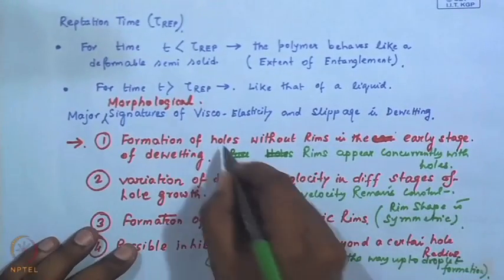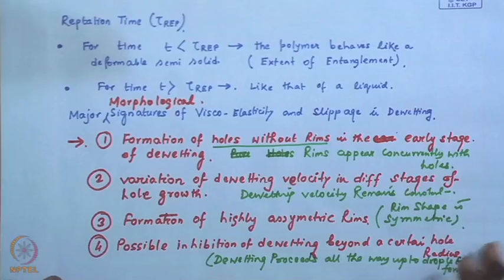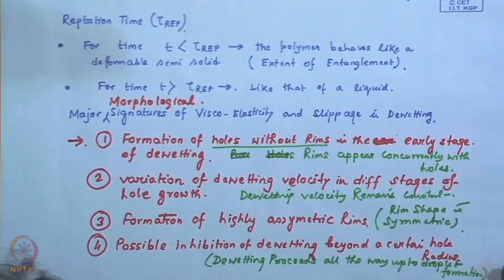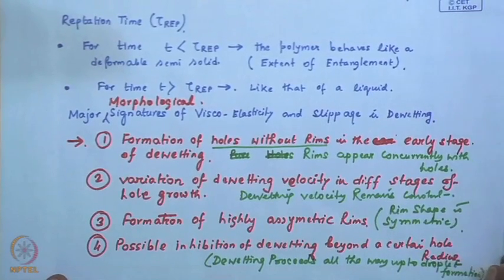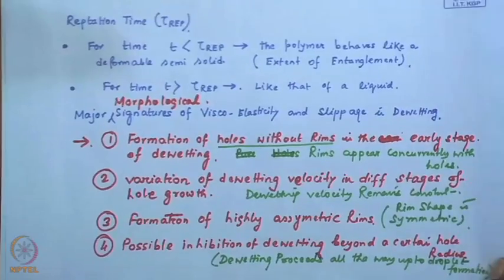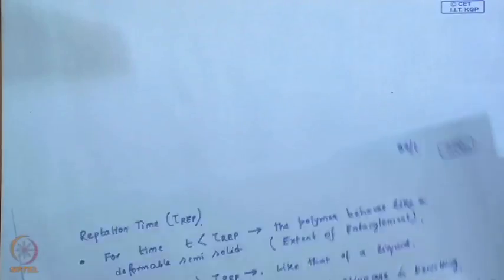So, these are some of the differences. So, holes without rims, we will find out some of the reasons why it happens. Variation of dewetting velocity, highly asymmetric rims, and possibly inhibition of dewetting beyond certain hole radius.